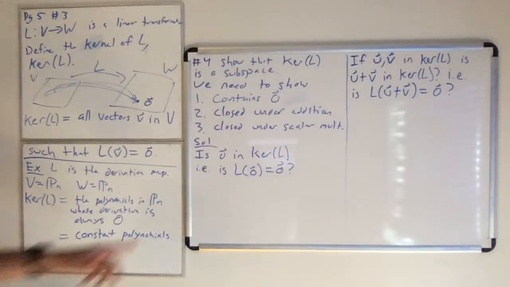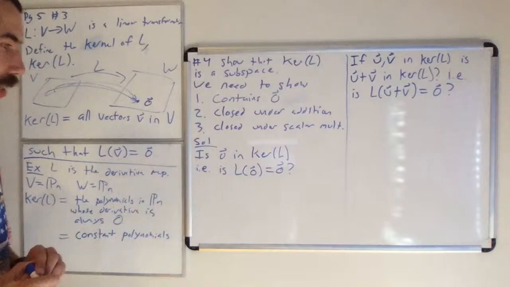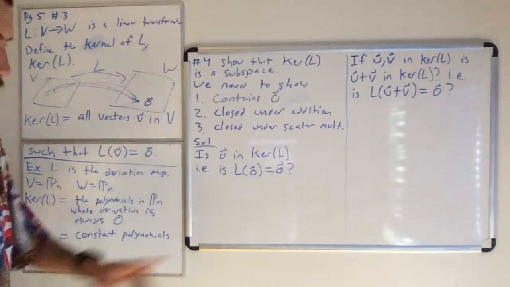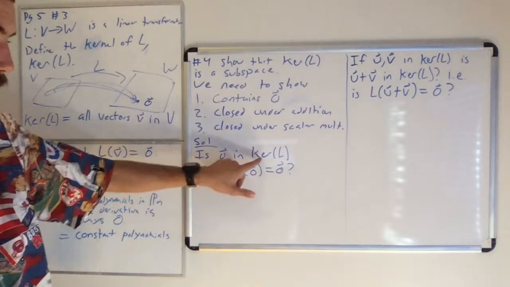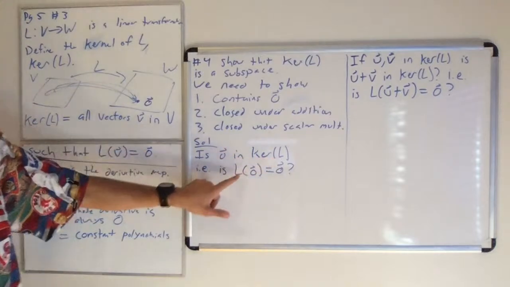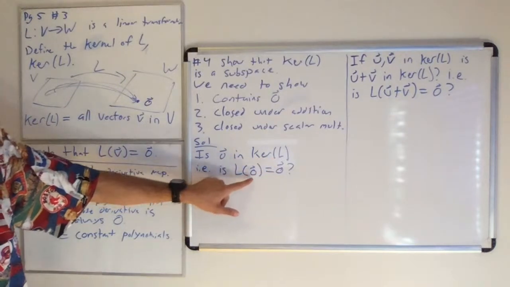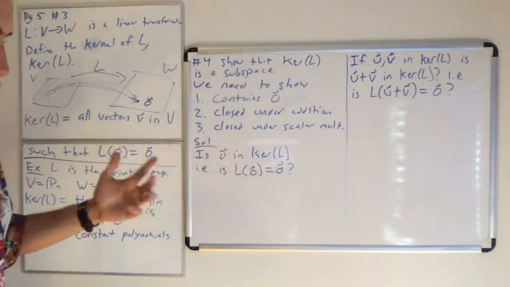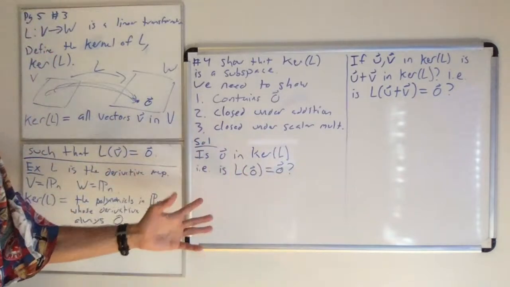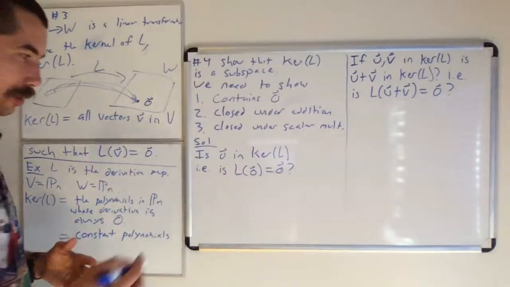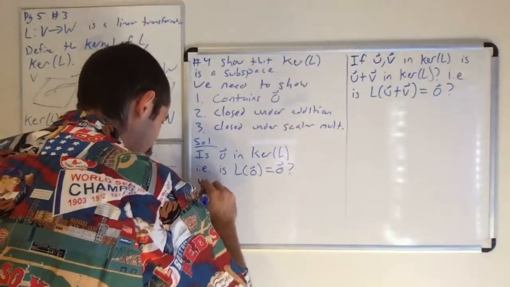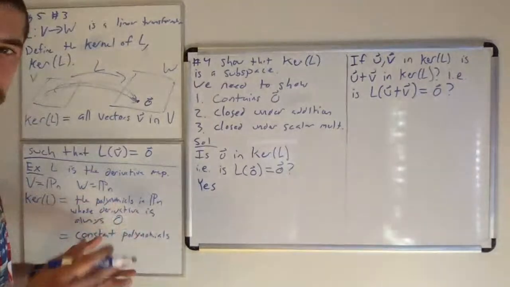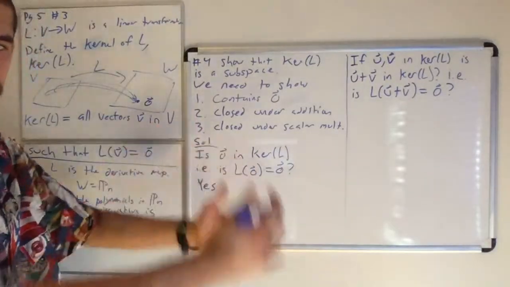Okay, so maybe we're not sure why this is true. So is 0 in the kernel of L? Well, that's another way to write that. Instead of using this kernel of L notation, that's just asking if we evaluate 0 under this linear transformation, do we get 0? The answer is yes, because that's one of the properties of a linear transformation. So you have to go back and look at our properties of linear transformations. They always send the 0 vector to 0.